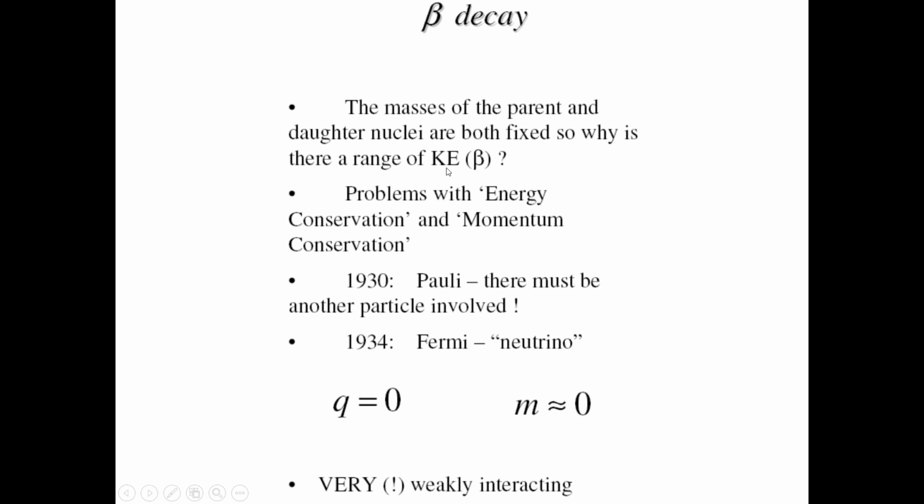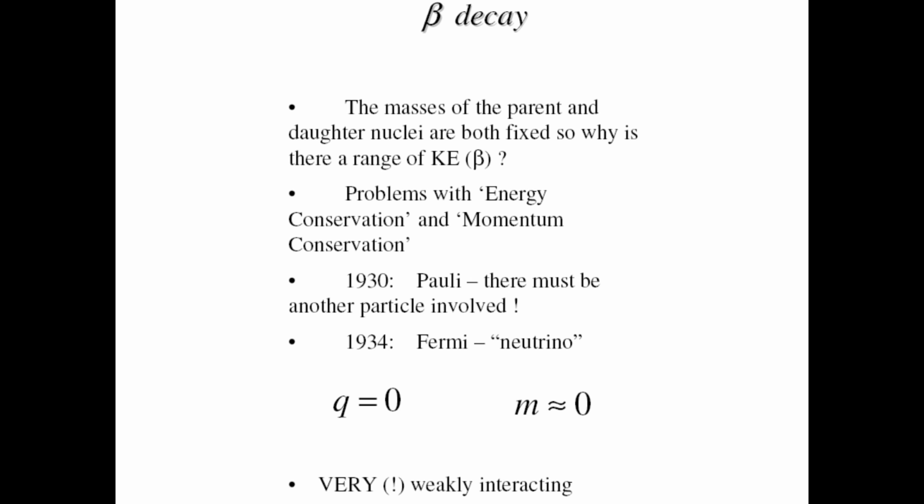By energy we mean the kinetic energy for the emission of the beta particle. If the masses remain the same, from where do we get the energy for the beta particle? We also have a problem with energy conservation and momentum conservation. It's a real problem with beta decay.